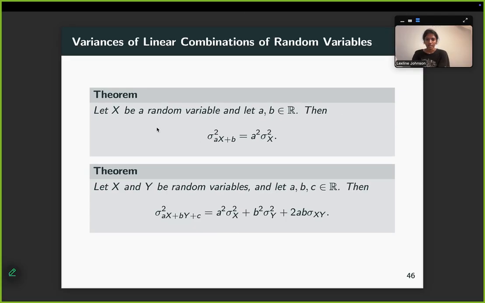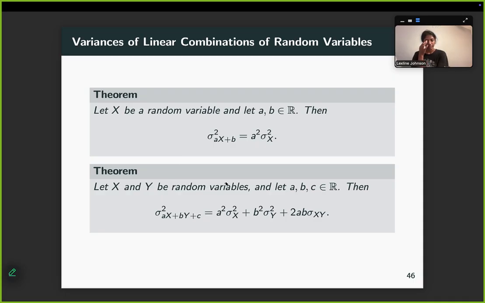And then our next theorem is if x is a random variable and a and b are real numbers, then our variance of a times x plus b is equal to a squared times the variance of x.